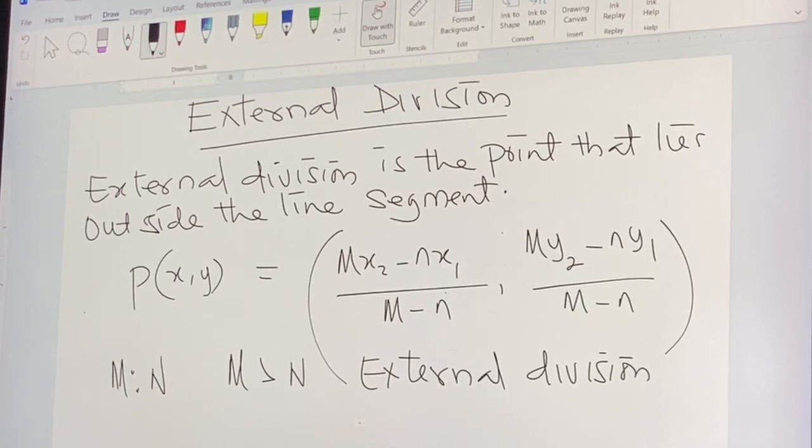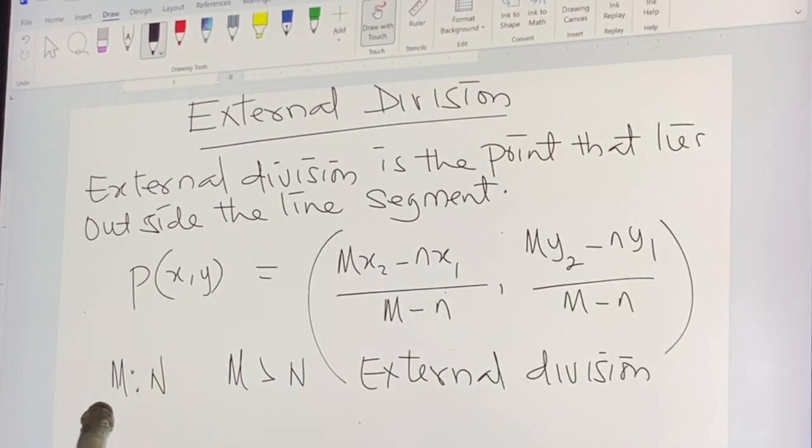But if the division is not specified in the equation, we can use the ratio to know. But if it's specified in the equation, we solve using the one that is given to us.